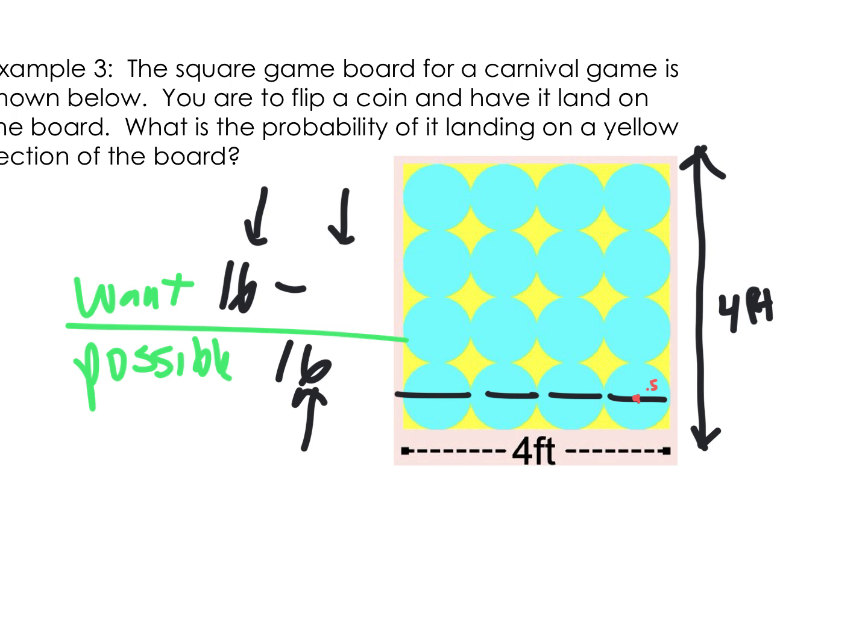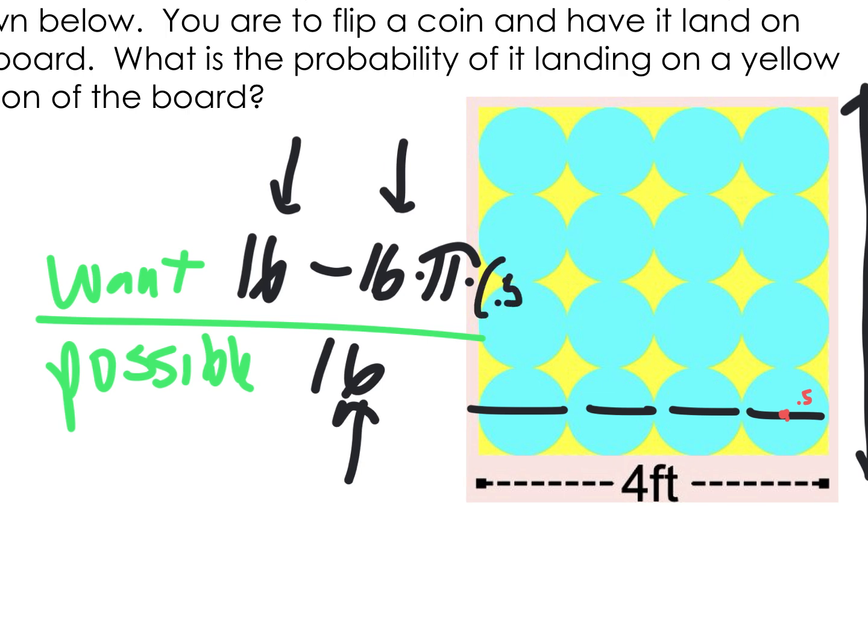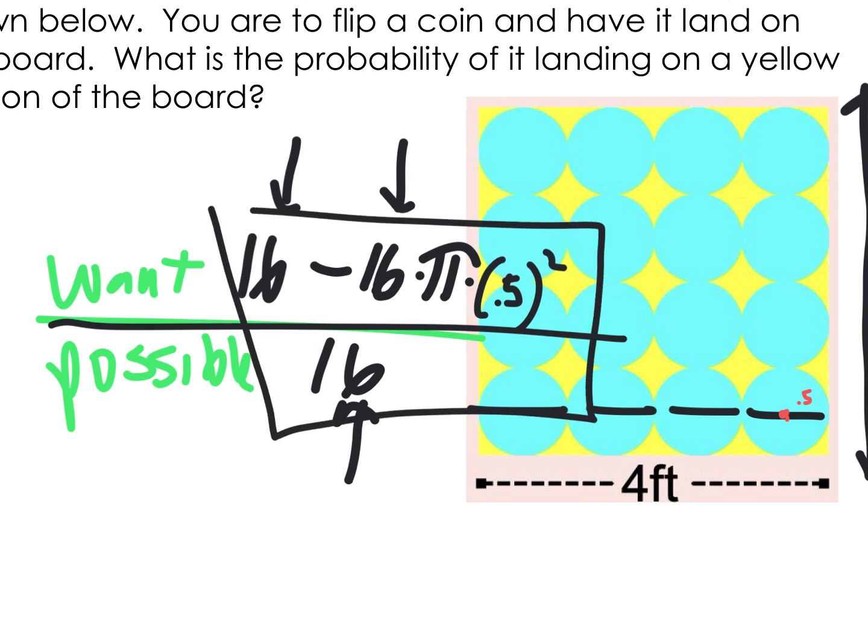There are 16 circles, right? I got to take away that area of the circles. 16 times pi r squared, and pi times r, the radius of each circle is 0.5, squared. And that is your answer.